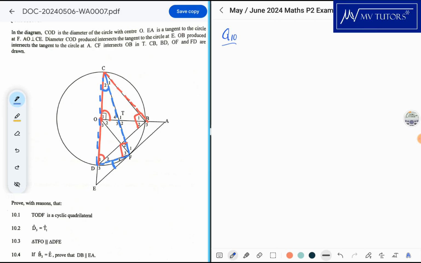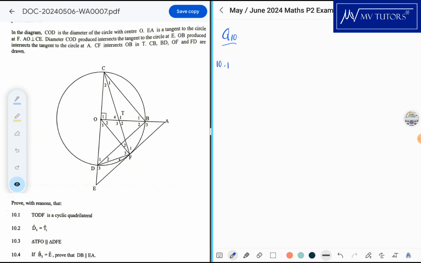And then AO is perpendicular to CE. Diameter COD produced intersects the tangent to the circle at E. OB produced intersects the tangent to the circle at A. CF intersects OB at T. CB, BD, OF, and FD are drawn. Okay, great. Now, 10.1.